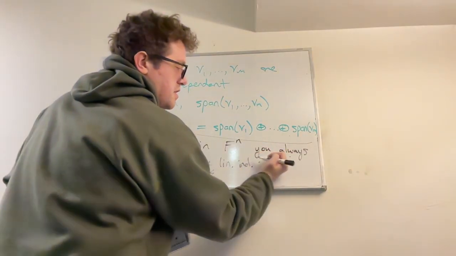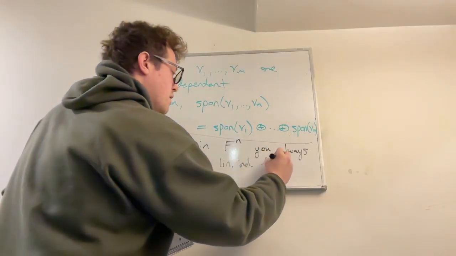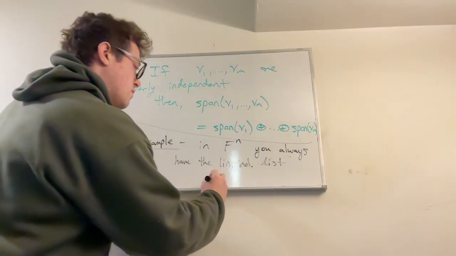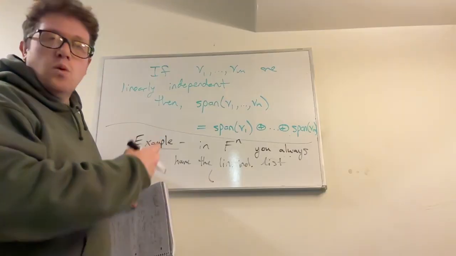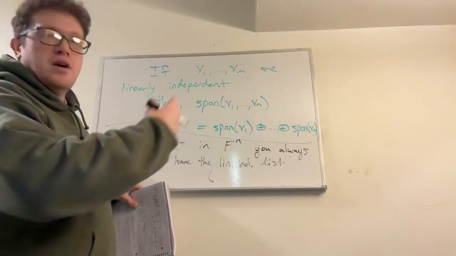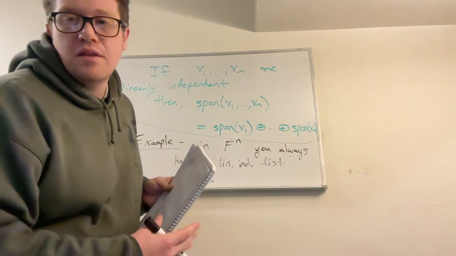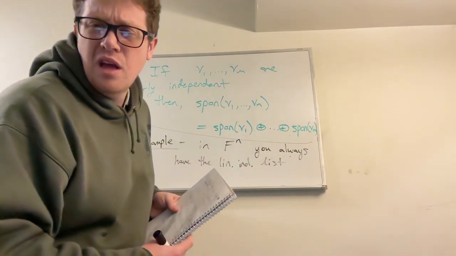He uses lists because they could possibly repeat. So you always have the list e_1, e_2, and so on, and these are unit vectors. If you think of them in R^n, then they're unit vectors. Well, they're unit vectors in C^n as well.